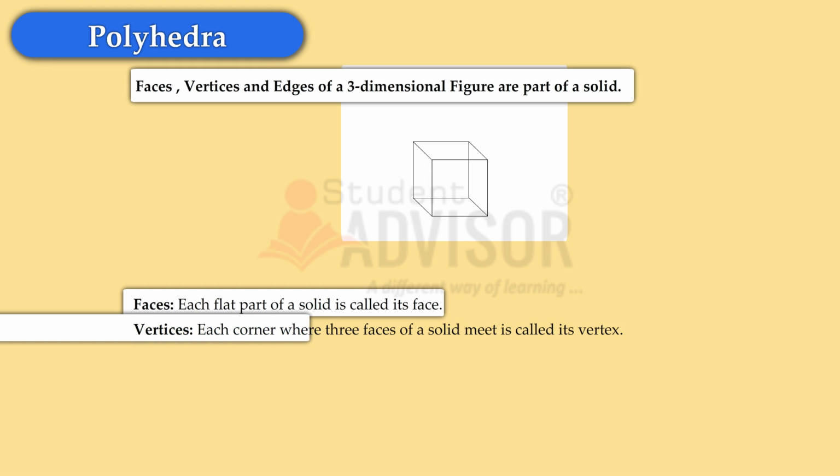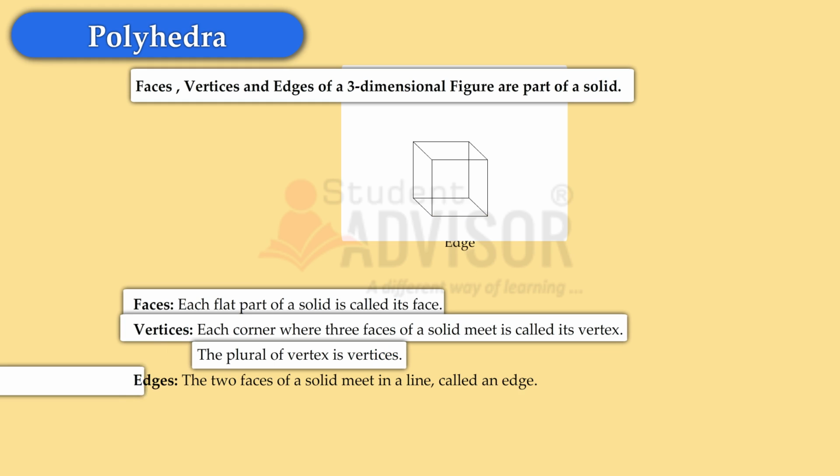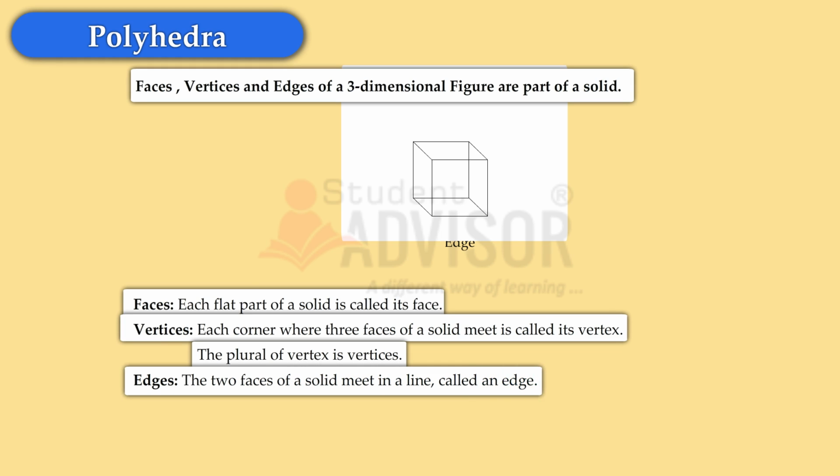Each corner where three faces of a solid meet is called its vertex. The plural of vertex is vertices. Edges. The two faces of a solid meet in a line, called an edge.